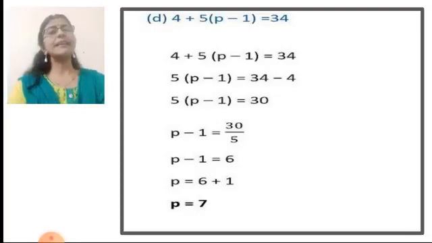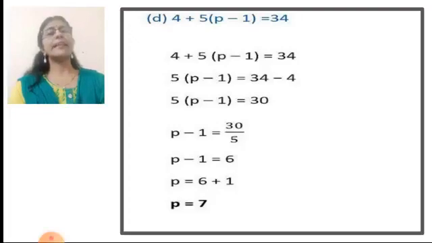So the next step will be p minus 1 without bracket, and you can write 5 upon 5, 5 is cut. Then on the RHS we'll write 30 upon 5. And 30 upon 5 is how much? It is 6, because you know 5 6s are 30. So the next step will be p minus 1 is equal to 6.